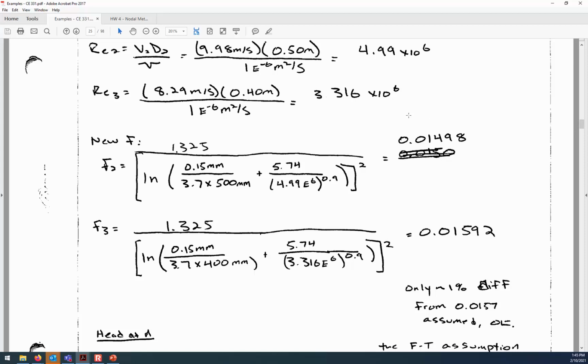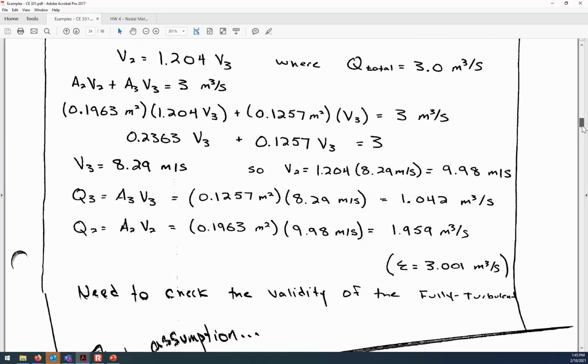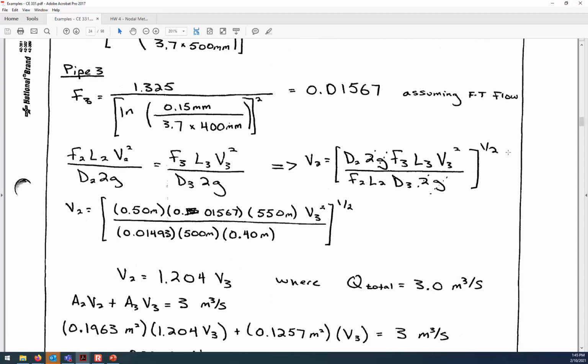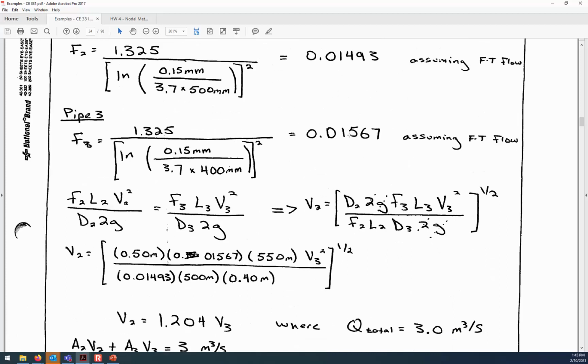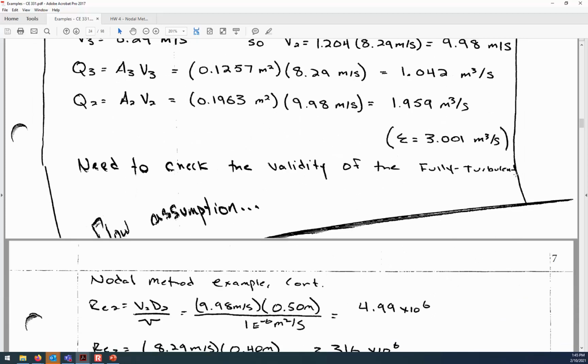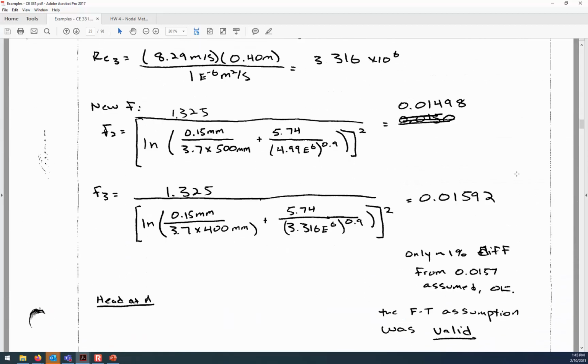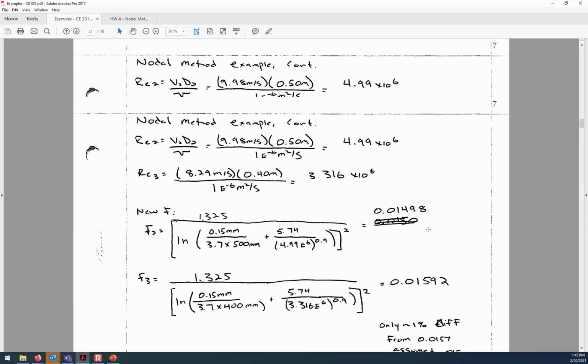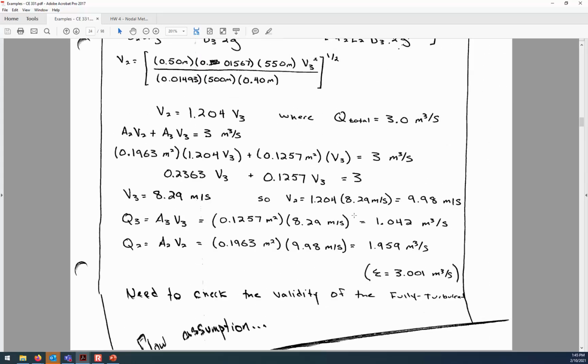We don't have to redo this, and the same thing is true with pipe 3. 0.0159 versus 0.01567. So again, 1%, we're good. The fully turbulent flow assumption is valid, and these flow rates that we'd calculated before are the flow rates through each pipe.